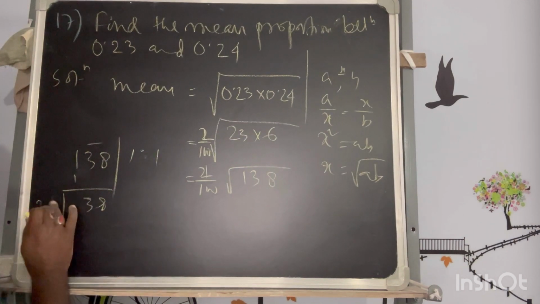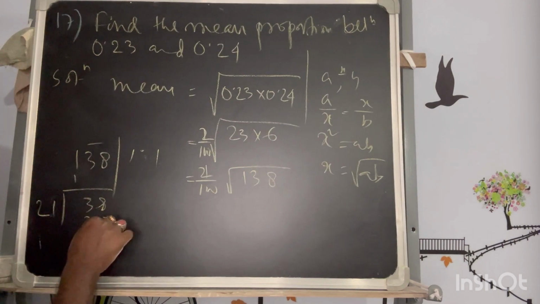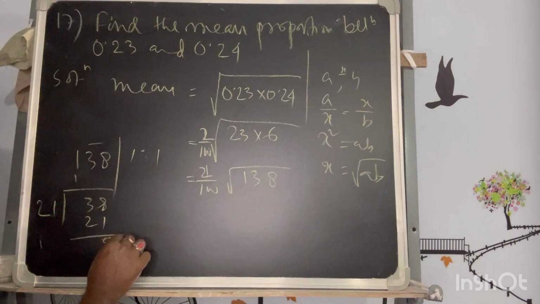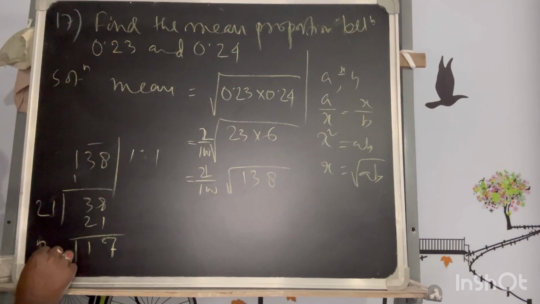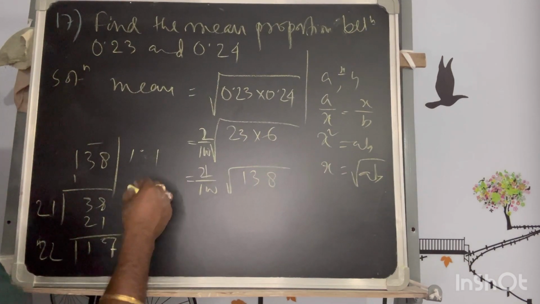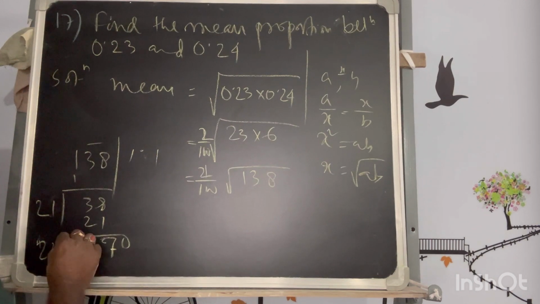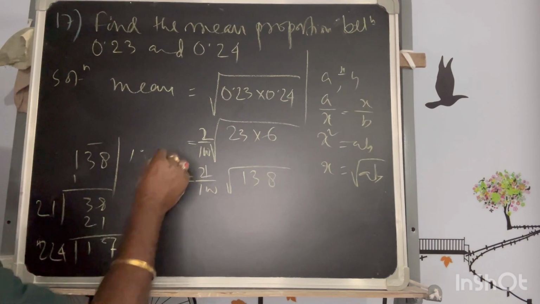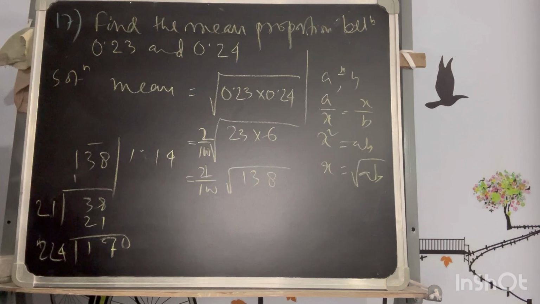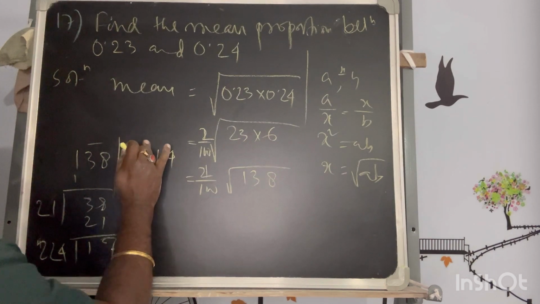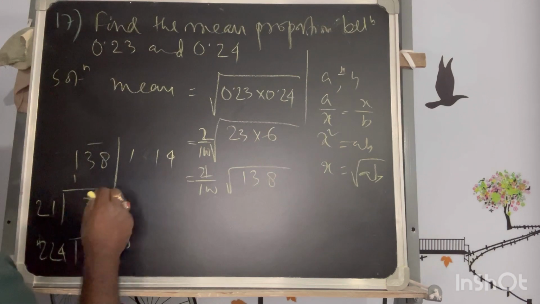Sorry, this will be 121, 17, 22, because this is 0, 5, 4, 4 may be there. Why will the 0 decimal come?